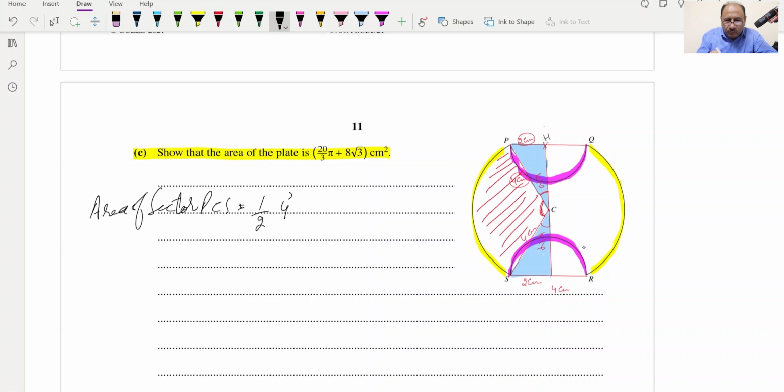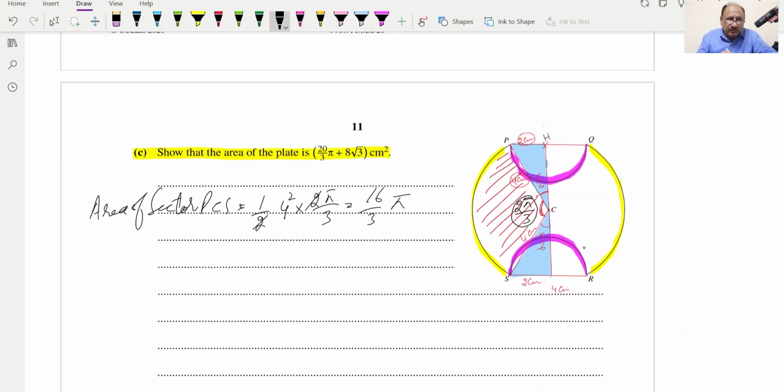So r is 4, so 4 square, and theta is 2 pi by 3, which we have calculated. So this is basically the angle, and the radius is 4 centimeter. So this will be equal to what? 2 will be cancelled, so 4 to the 16, so 16 by 3 pi.